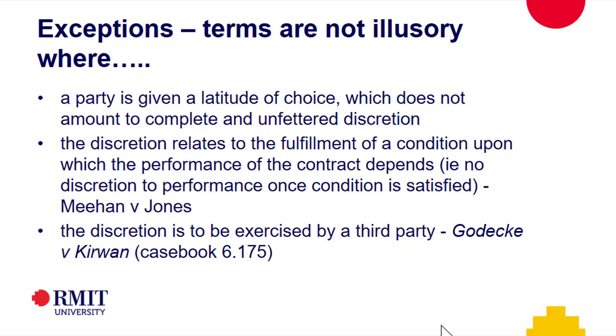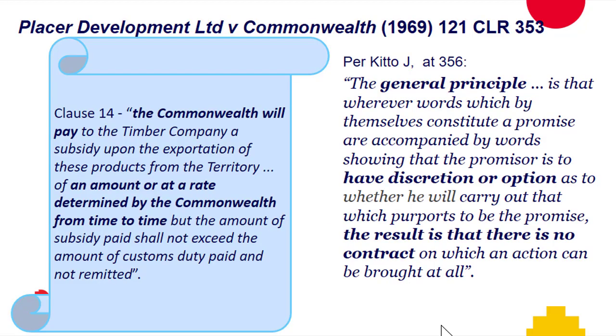This is basically saying, look at the words on the previous one from the clause, we'll pay you a subsidy at a rate that we determine from time to time. So it could be 0. Could be 0.0001%. It could be anything up to, it's got a cap, it won't exceed the amount of customs duty.